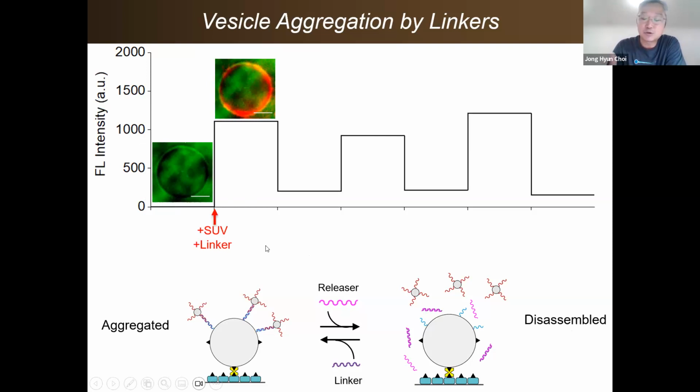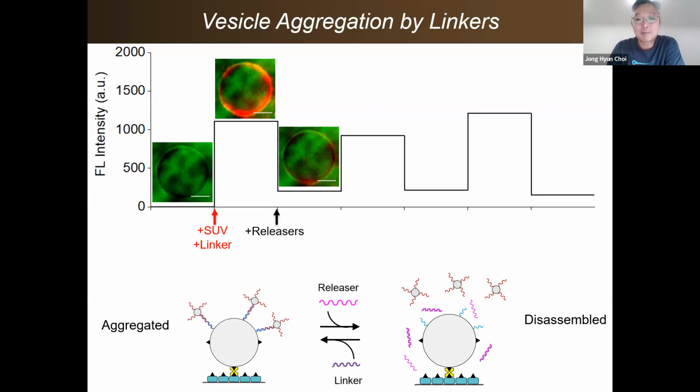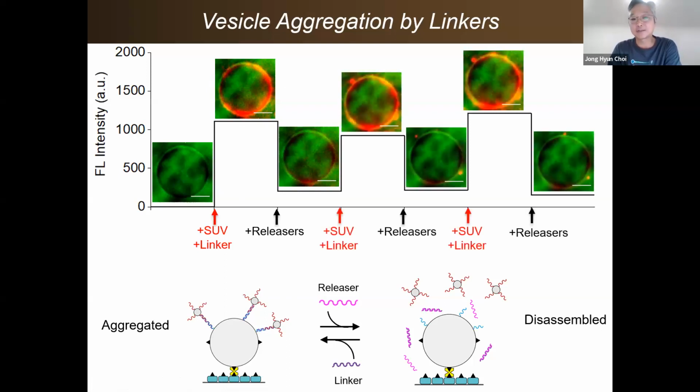You can look at it under the bright field image, but once you present the linkers, of course they are bound. Then if you introduce a set of releasers, you can take all these bound small vesicles off the giant vesicles, so that you can repeat that process.